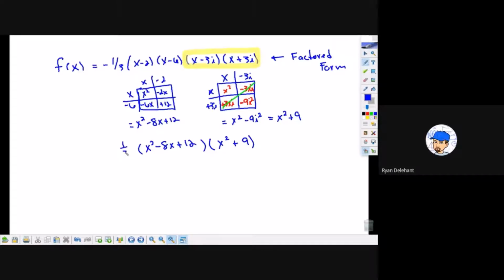And we still have the 1/3 in front. So all we did is that one step of multiplication. Now we only have one left, okay? Because all we're really doing is we're just multiplying out all this factored form, and then we'll deal with the 1/3. So let's draw this over here.